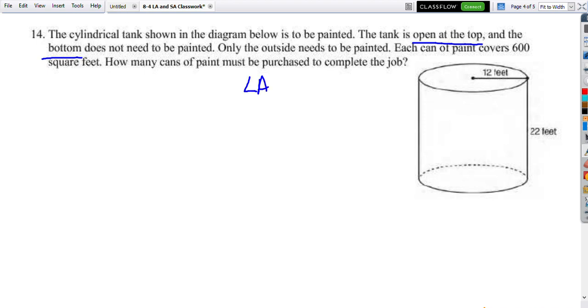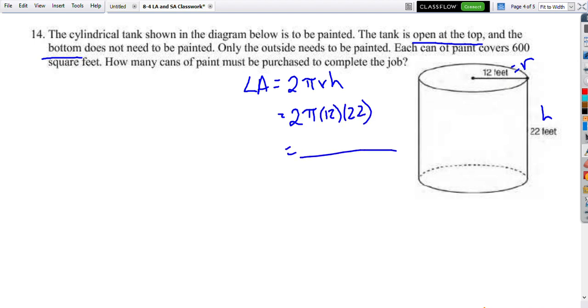Okay. So the lateral area formula is 2 pi r h. So 2 pi r, we know, is 12. That's r, and there's my h. So 12 times 22. And I'll let you guys come up with that one.